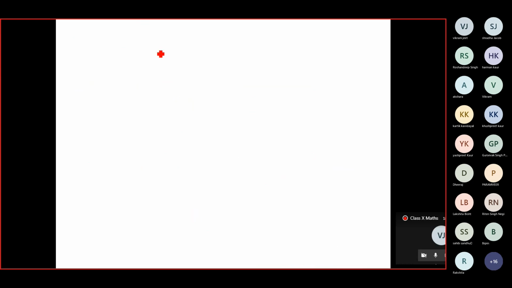So we can write it as equal to 2 into 22 by 7 into 5 by 2 into 9 plus 5. 9 plus 5 will become 14. So 2 and 2 will get cancelled out.